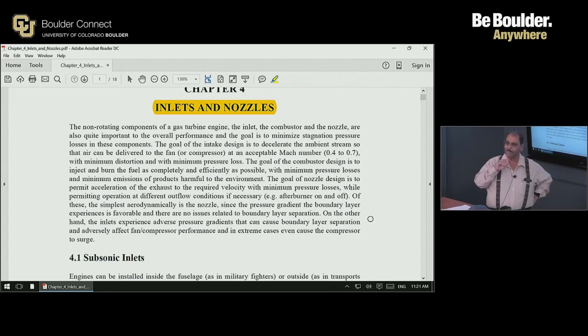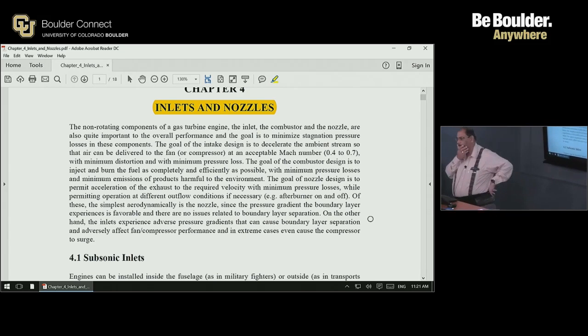Apart from that complexity, the nozzle operation and design are usually quite straightforward, simply because there are no rotating components in there, and therefore it is relatively easy to cool the nozzle, and if you have an afterburner, we'll talk about those a little bit later, but let's look at inlets.